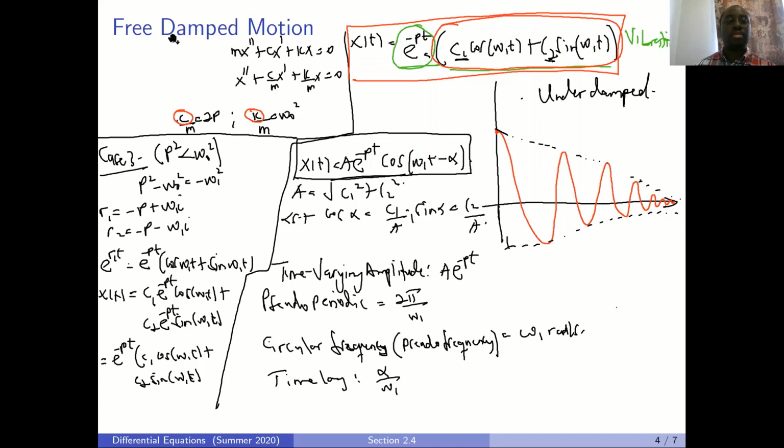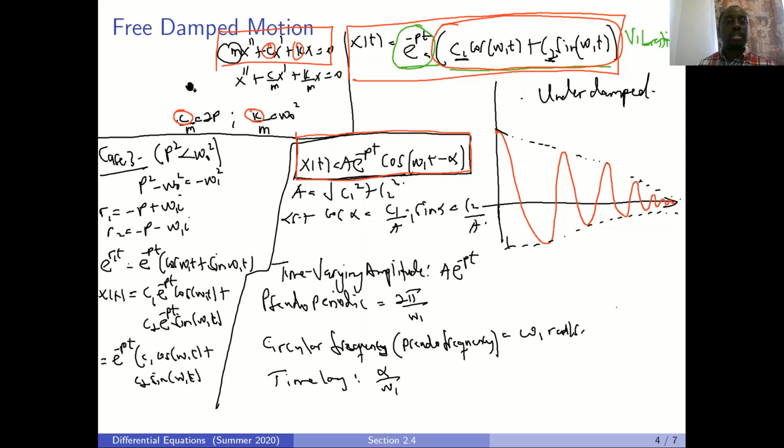So you just need to find out what your m is, what your c is, what your k is, throw that into a differential equation, find out what your initial conditions are, and then you can just solve your initial value problem. And then out of that will come some displacement function that you can then write as a single trigonometric function and then extract out the parameters that we need.